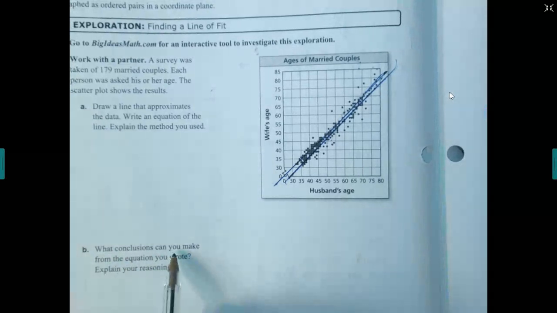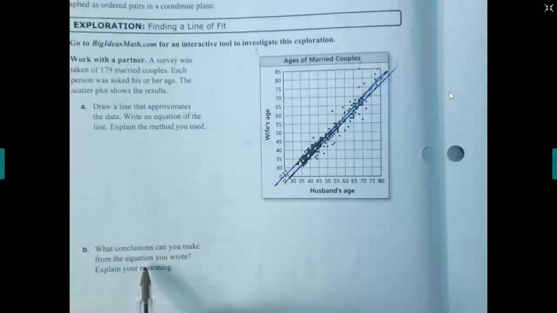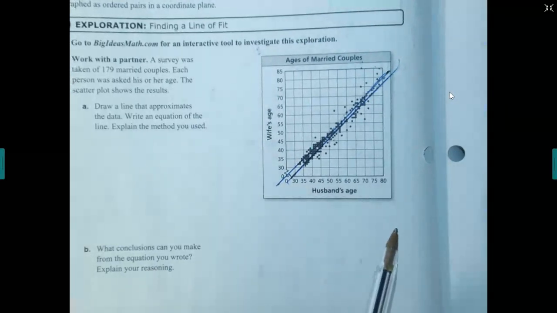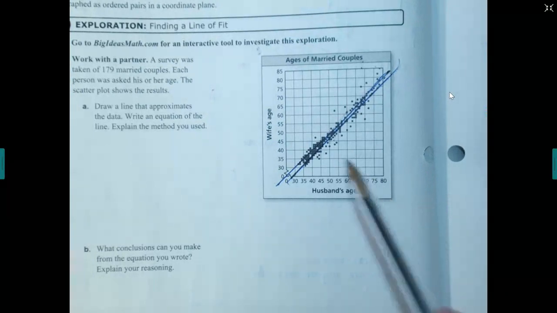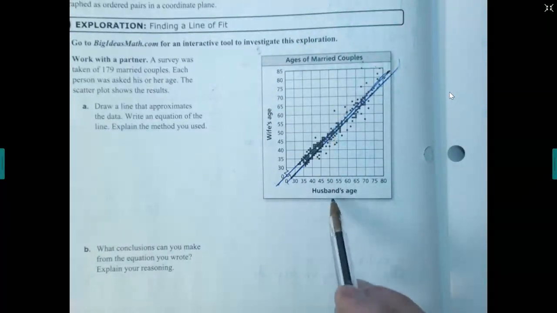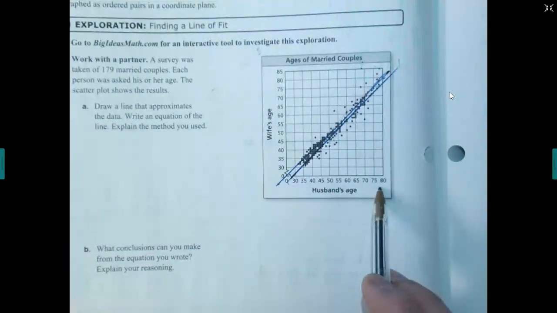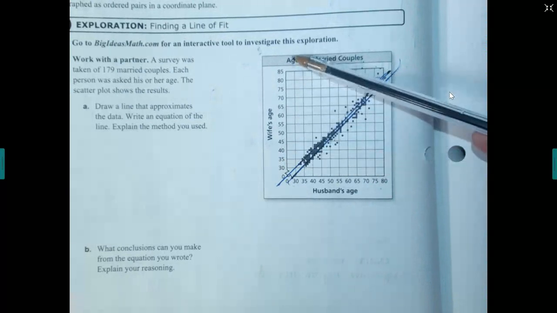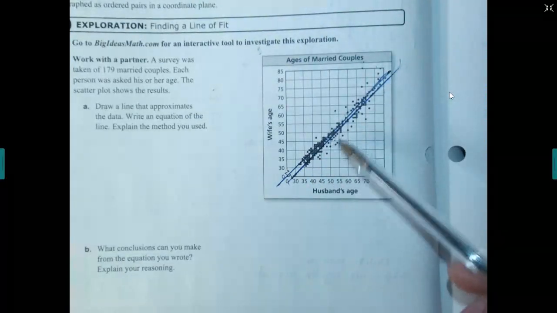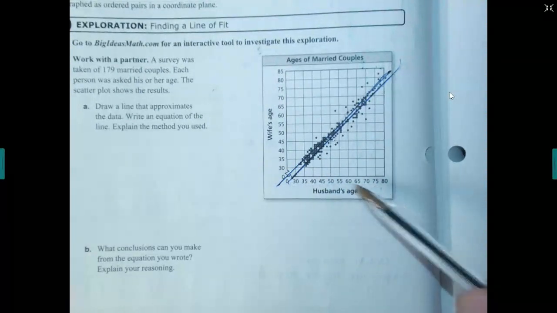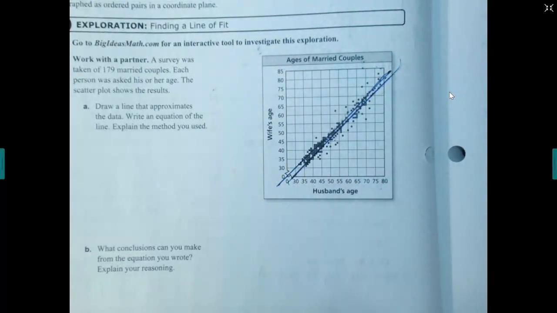What conclusions can you make from it? We haven't written an equation yet. We're going to get into the equation in just a second. But what conclusions could we make about our line? So, this is our husband's age going up. This is the wife's age going up. What conclusions can we make? Fairly safe to say that as the husband's age goes up, the wife's age goes up.